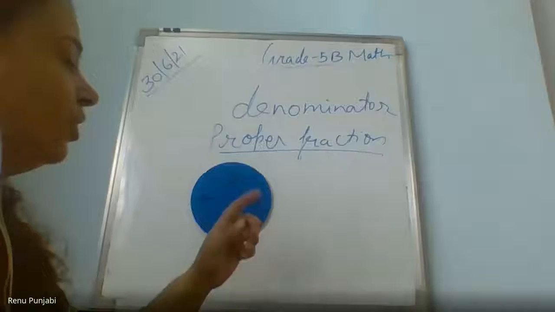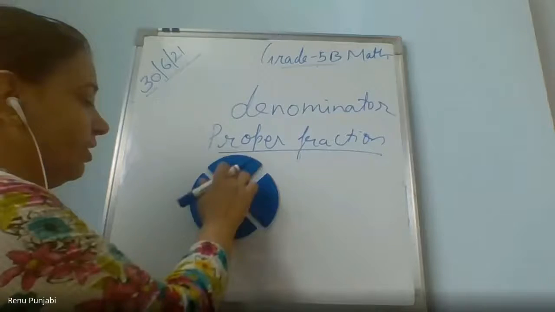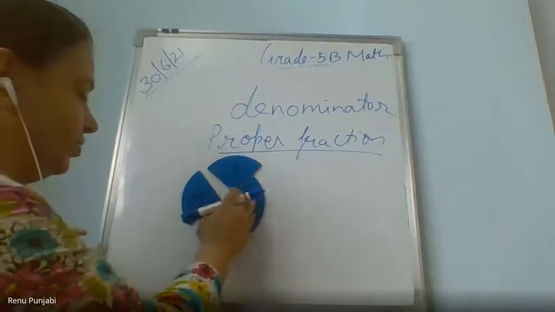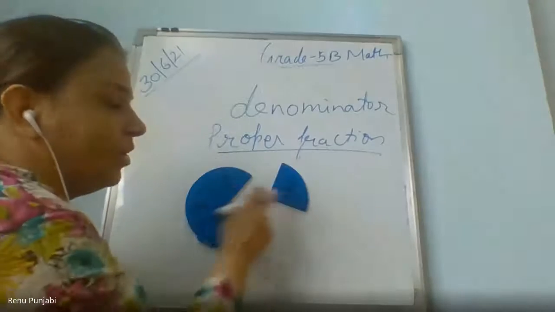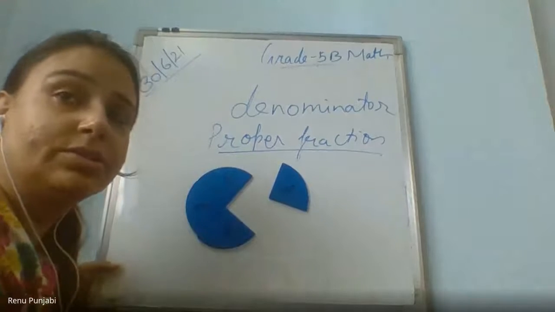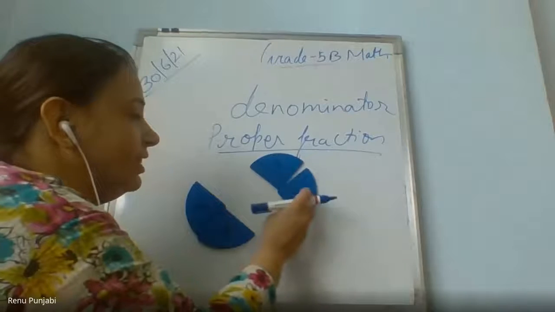So how many total parts have I made in this? How many total parts? 4 parts in total. And if I talk about this part only, how much part am I talking about? 1/4. Samriddhi, I am talking about this, 1/4. If I have given this much to Samriddhi, 1/4.